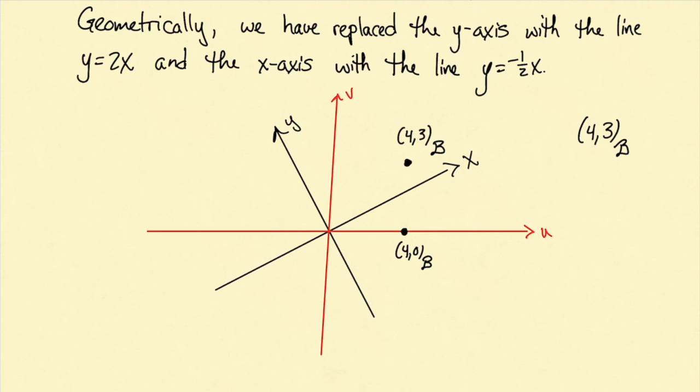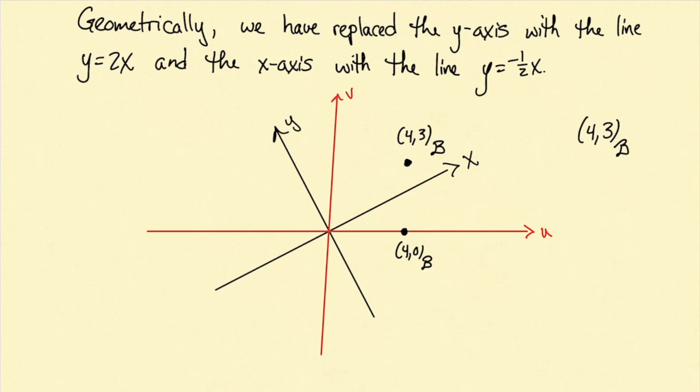So this, in our new coordinate system, is how we would identify the point (4, 3) subscripted with B. Now, of course, you could have also traveled 3 units along the v-axis, then 4 units along the u-axis, just as you normally would in the xy plane. The behavior is exactly analogous.